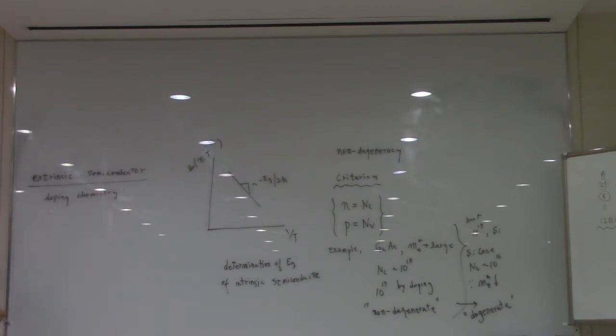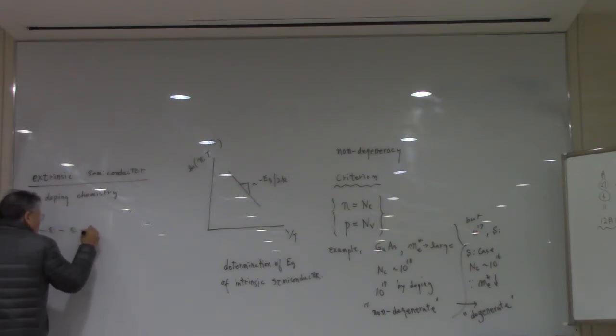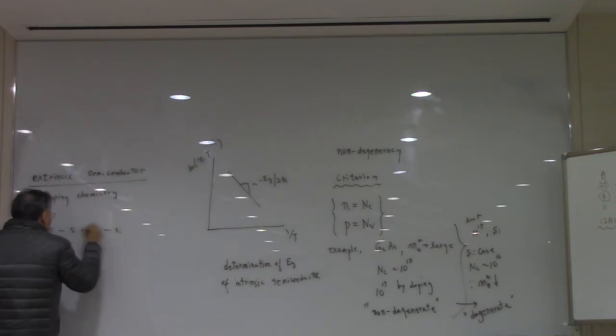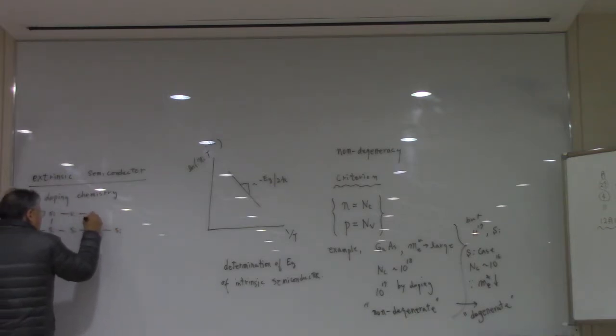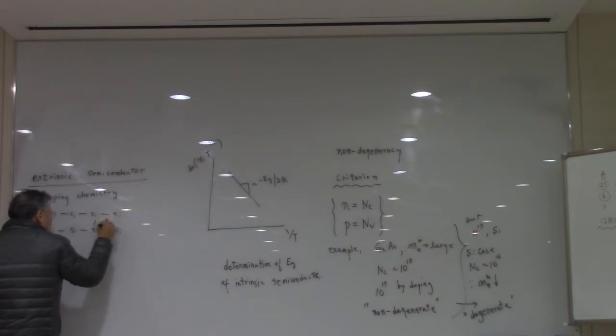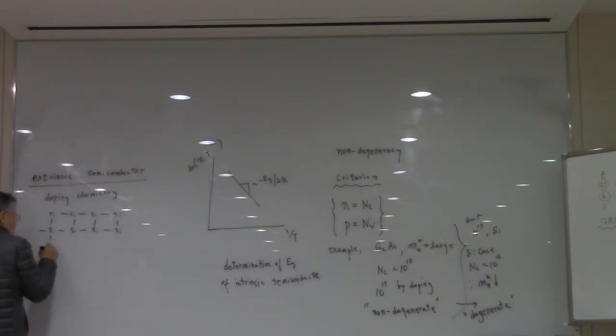And when you say doping, for instance, in the silicon case, silicon atoms have covalent bonding with the nearest neighbors, something like this, right?